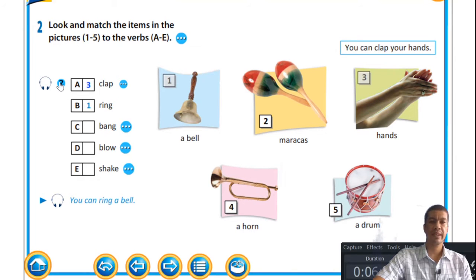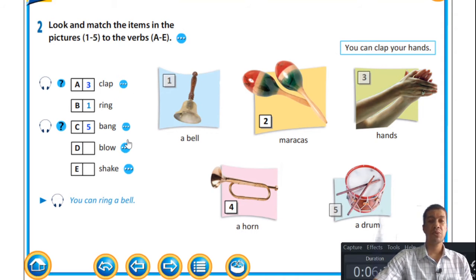And here's a fun fact: you can clap your hands. These are all verbs and actions that we can use. We have bang. Which of these objects makes a banging noise? Number 5, which is a drum. When you bang a drum, it makes a very nice sound, given that you know how to play a drum.